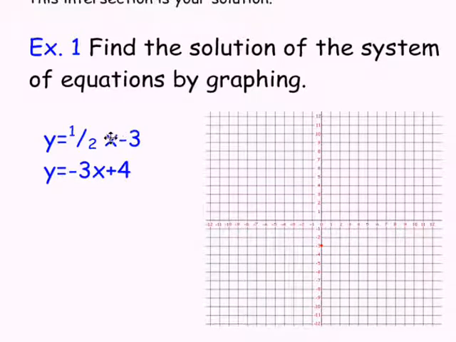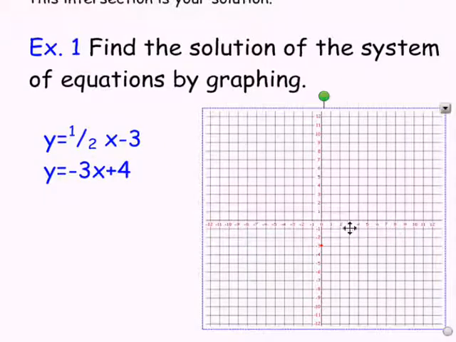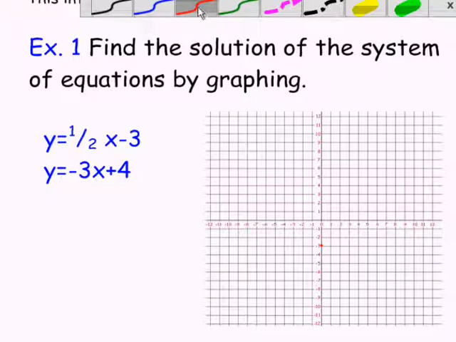My slope is 1/2, so I go up 1, over 2, and put a point.